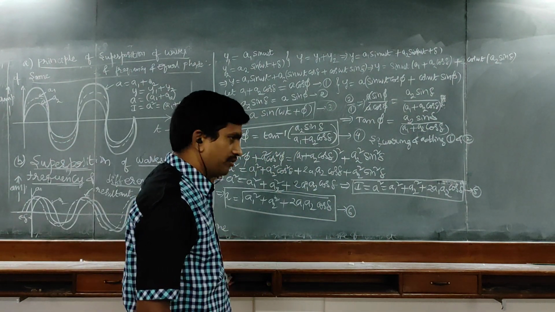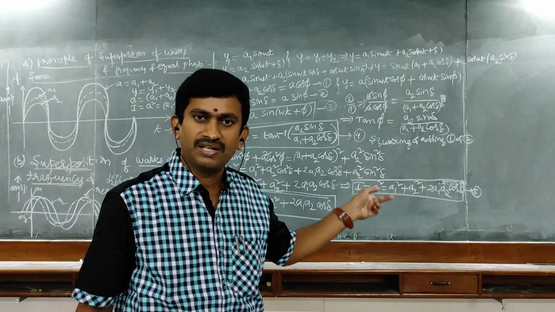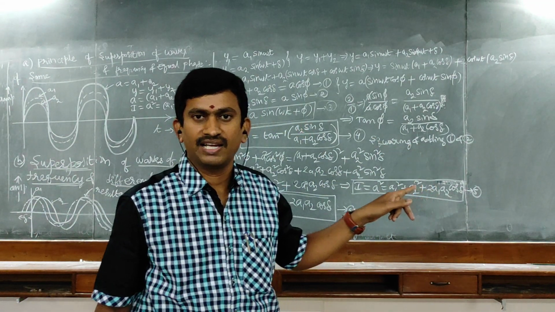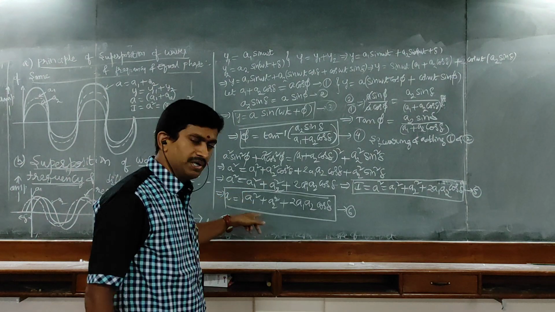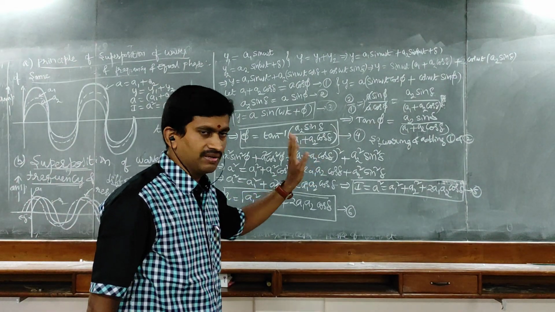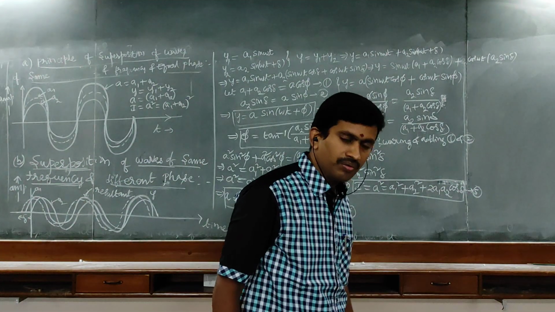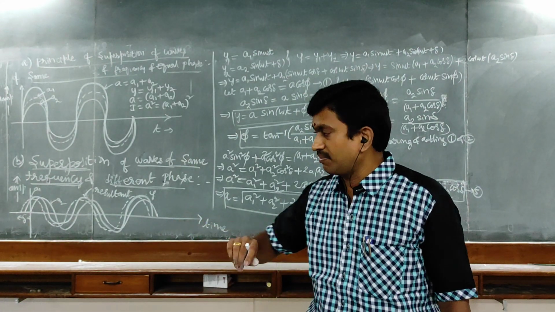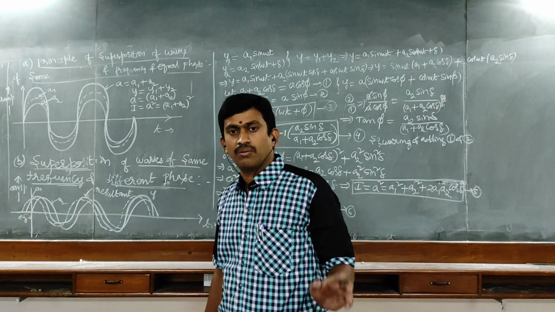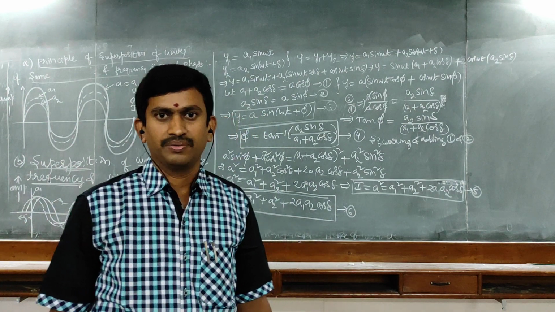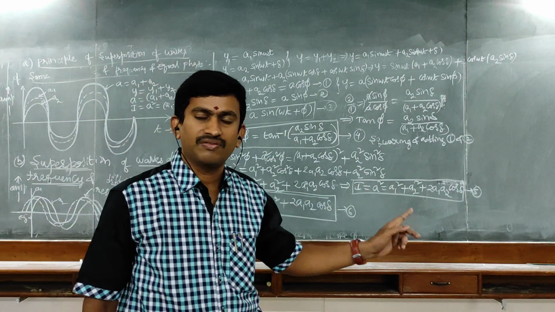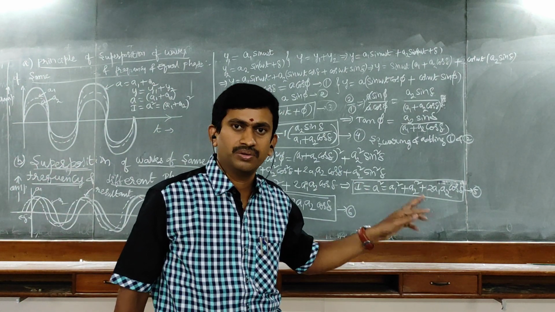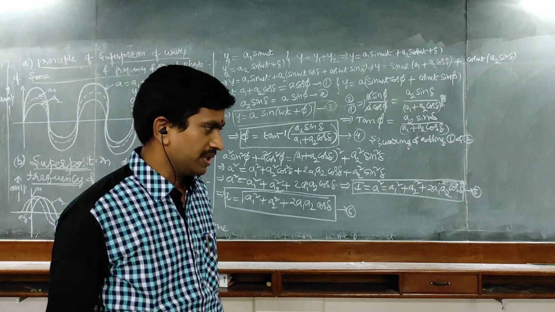So far we have derived the displacement, phase angle, amplitude, as well as intensity for the resultant wave. Now what is the condition for maximum amplitude and what is the condition for minimum amplitude? What about the path difference for the maximum amplitude as well as minimum amplitude?